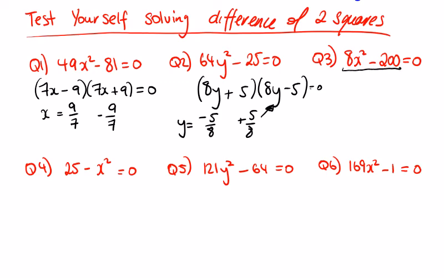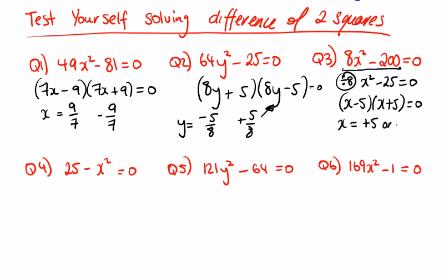There's a couple of ways to do it. We could use the square root of 8 times x by the square root of 8 times x, but if we can identify that, if we divide by 8, we're going to get x squared minus 25 is equal to 0. So now we have x minus 5 by x plus 5 equals 0. So x is equal to plus 5 or minus 5.